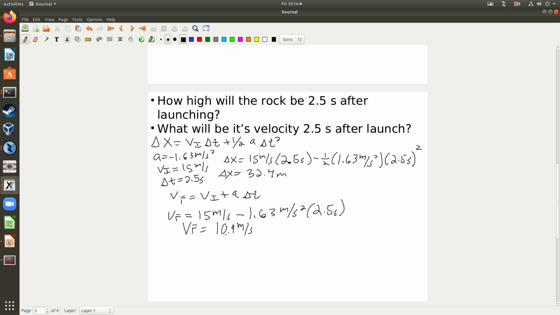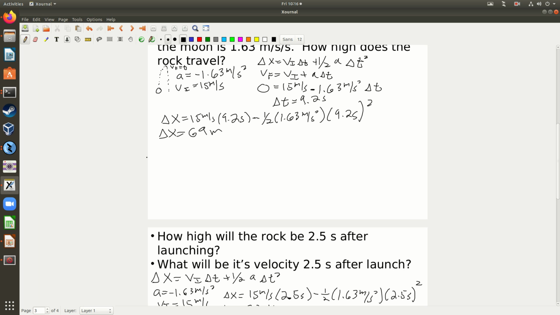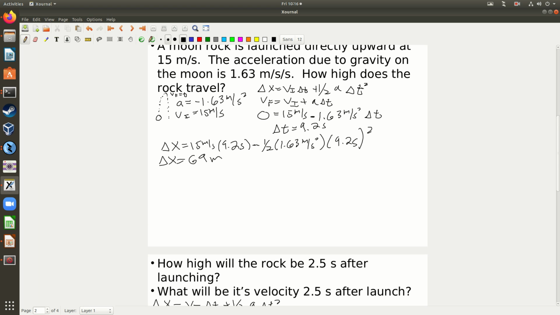Basically what it says is it's still going up in this case. How do I know? Well, it says 32.4 meters, and from earlier we know it's going to go a total of 69. So looking at this graph, it's probably somewhere in this region where it's going to be positive. If I were to put, let's say, 10.2 seconds, since it takes 9.2 seconds to get to the top, it would actually give it a negative velocity because it would put it somewhere up here.